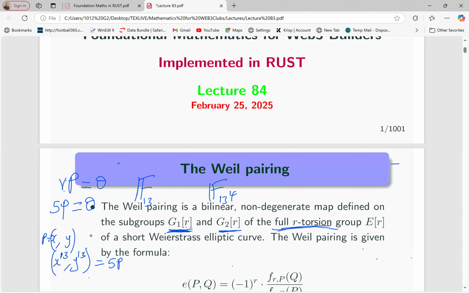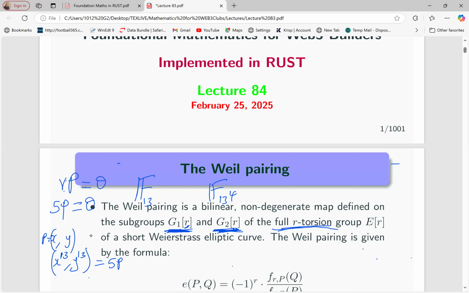So all those points that fulfill this condition are part of this group. We will not use all of them. We know that if R is 5, we will have only 5 points. And R is 5 here again, so we'll have 5 points. This group has 5 points, and this group has 5 points.